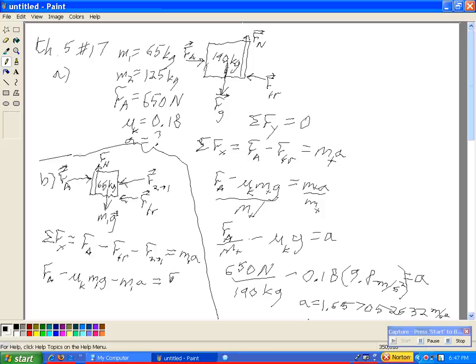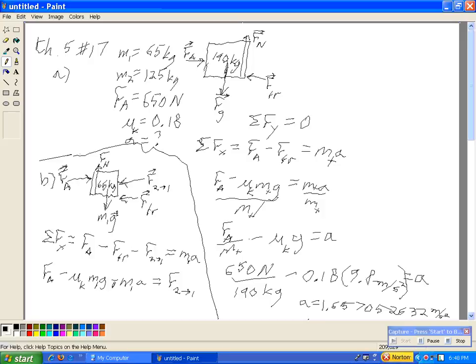Now the force of the second box on the first. So I know this number, I know this number, I know this. This number, I'm going to plug in the entire number here. I want to make sure it's as precise a result as possible.